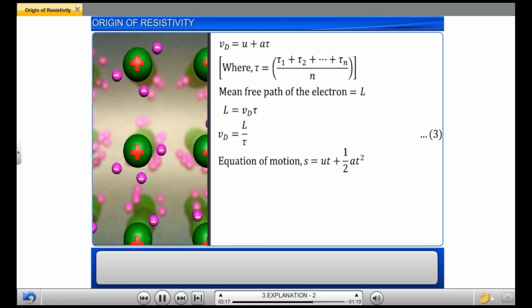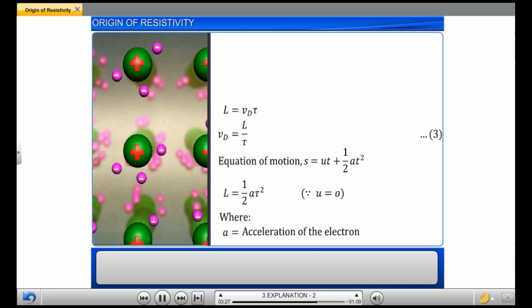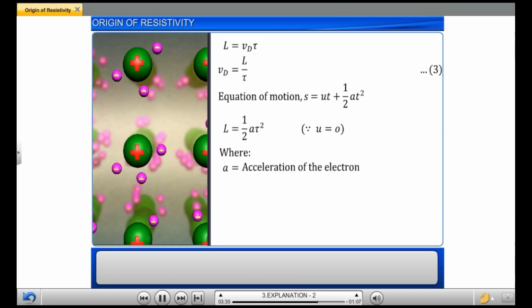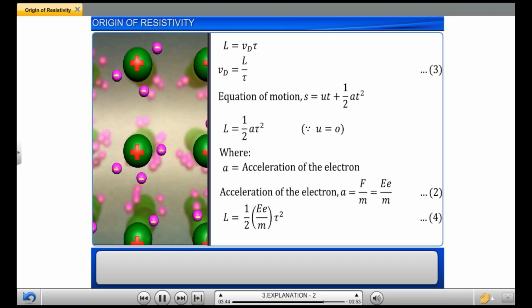From this equation of motion, we get L is equal to half a into tau square, where a is the acceleration of the electron. Substituting the value of the acceleration from equation 2 and simplifying, we get L is equal to half e into e by m into tau square. Let this be equation 4.